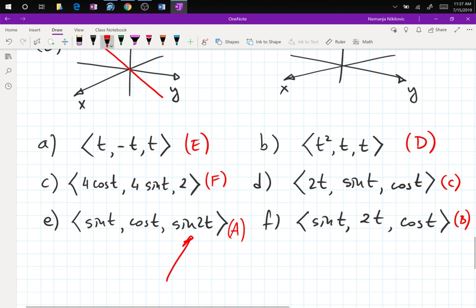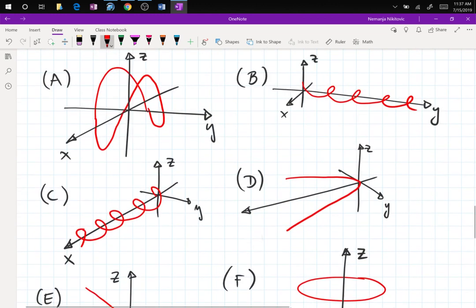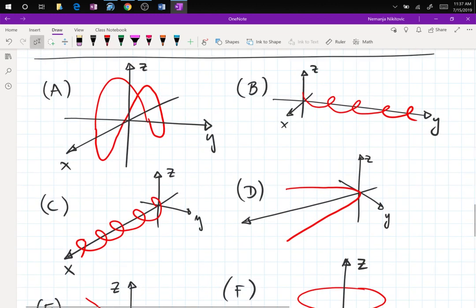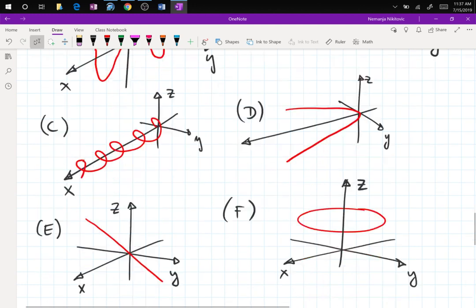Now Slinky, cosine, sine, sine, or whatever combination you get, is something that loops back and connects. So the picture here for A loops back and connects. It's not a busy Slinky like we've seen at the lecture, but it's definitely something that you can make quickly with a rubber band or something.